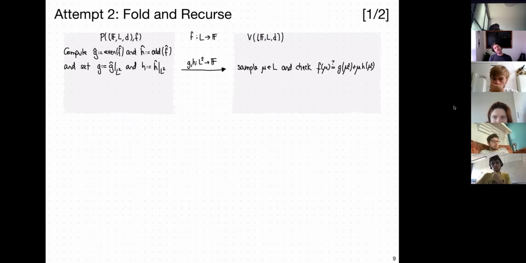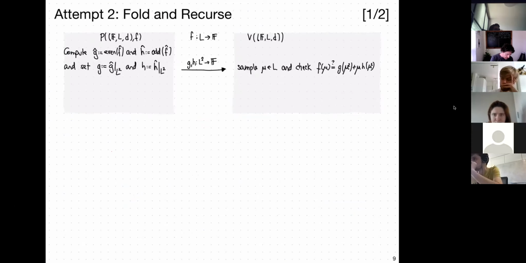So let's see the second approach here. Before presenting it, I just want to say, here is an idea. We have this G and we have this F, and now we want to check them. So let me try my best at drawing.